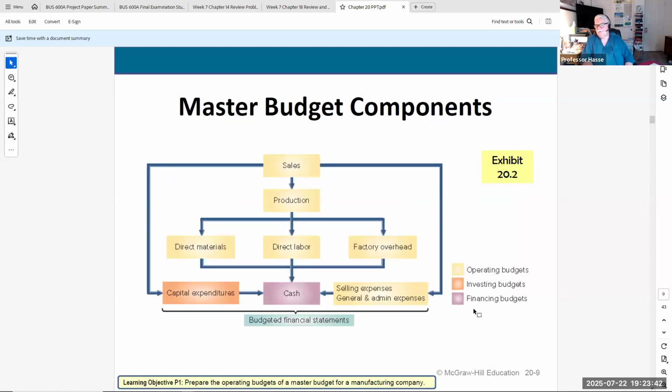This is a description of what a master budget is for an organization. It takes sales. It takes operations. It takes financing and cash flow management and capital fundraising and expenditures. It's a combination of all these areas to produce a plan or a strategy into the next year.